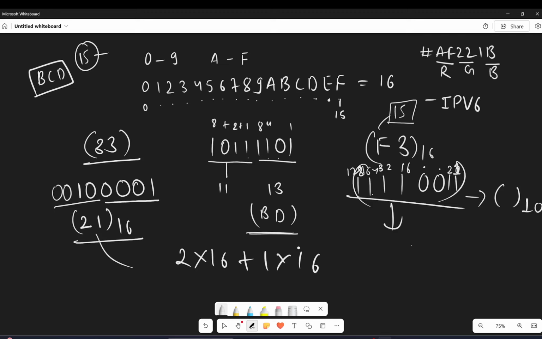And once again, as with the binary number system, we keep on adding the power according to the position. So 1 is in the 0th position, 2 is in the 1st position. So 2 times 16 is 32, plus 1 times 16 to the power 0 is 1, gives us 33.